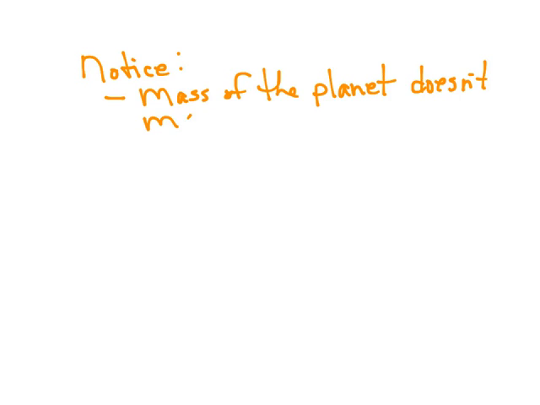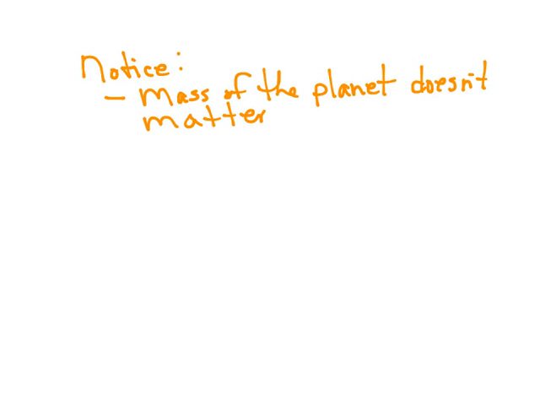So if you took Jupiter and put it in Earth's orbit, it would take Jupiter 1 year to travel around the Sun. So the fact that Jupiter is much more massive than the Earth won't have an effect.